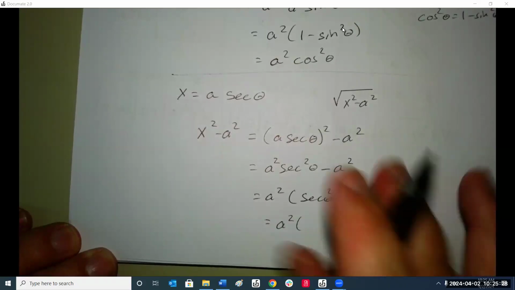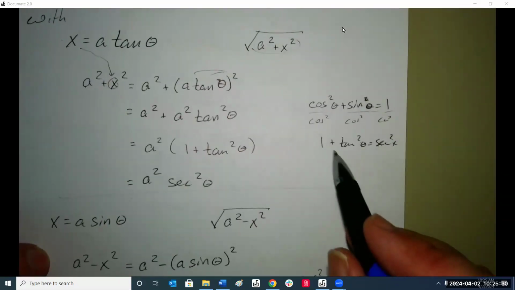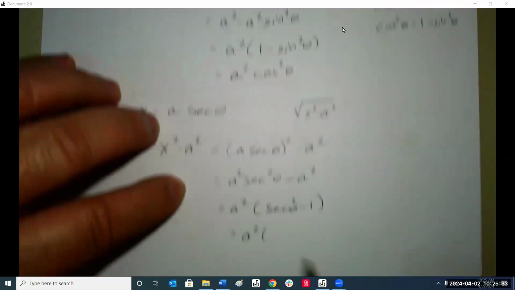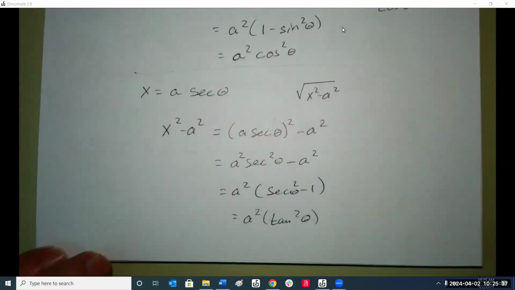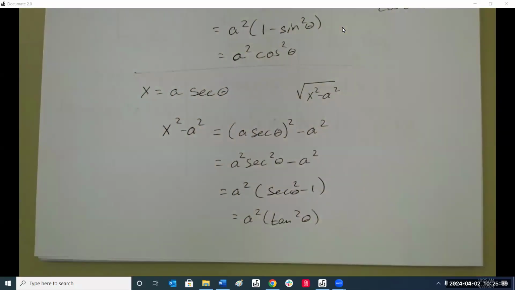Secant squared minus 1. Move the 1 over there. It gives us tangent squared. All right, so those are how we can use transformations and identities to get other functions.